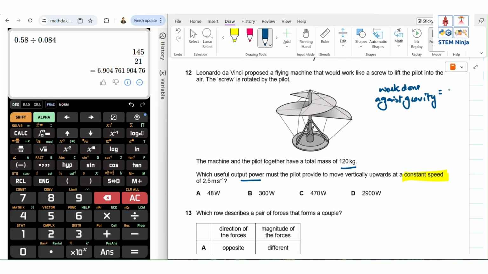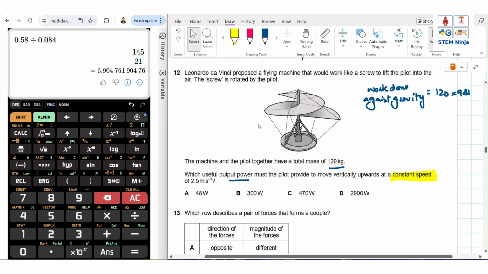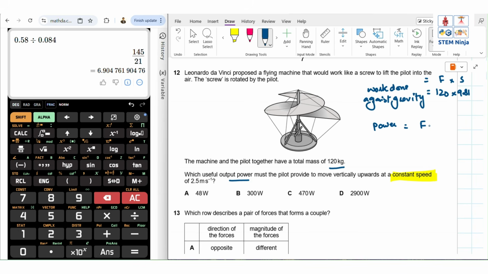So total mass is 120 times 9.81, and this is the force, this is the weight. So this is F, and we don't have s, no? All right, sorry. So we can say power, basically, we can convert it into Fv.